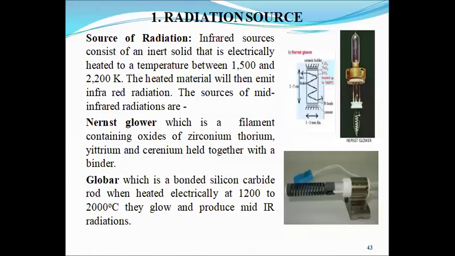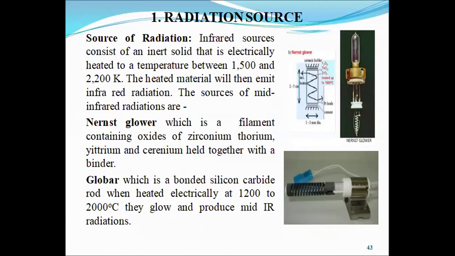Let's see the different parts one by one in detail. First is the light source, or the source of IR radiation. The infrared sources consist of an inert solid which is electrically heated to a very high temperature of 1500 to 2200 Kelvin. The heated material starts emitting infrared radiation. A few examples of sources of IR radiation are the Nernst Glower and the Globar.